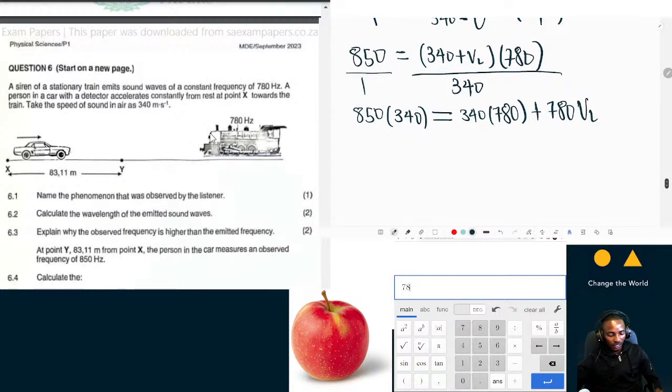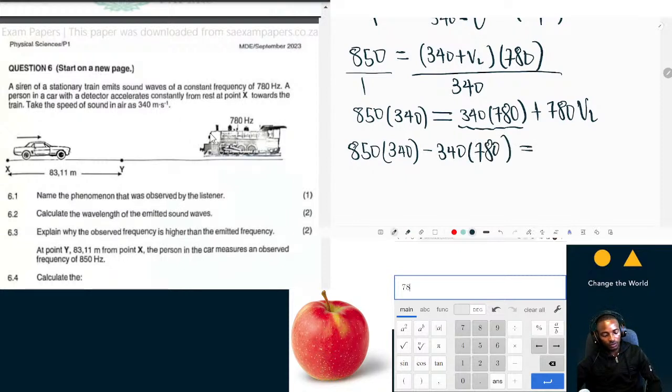Now we can transpose this number over here to the other side of the equation. So we're going to have 850 times 340 minus 340 times 780, which is equal to 780 times the velocity of the listener.